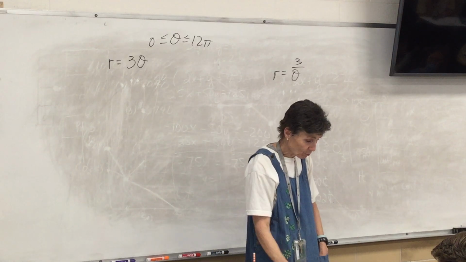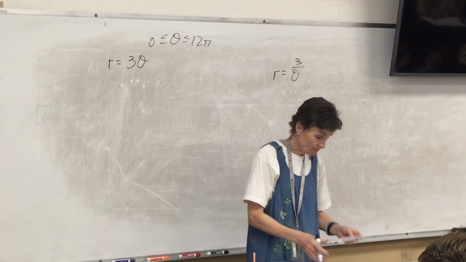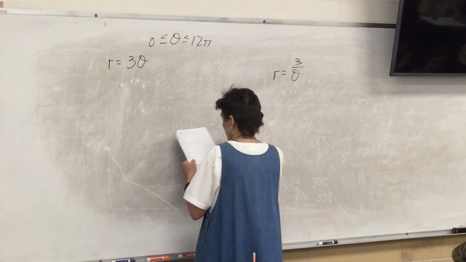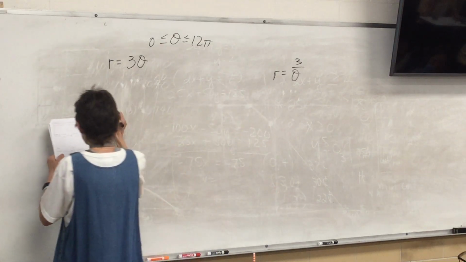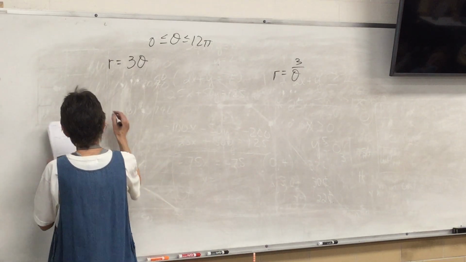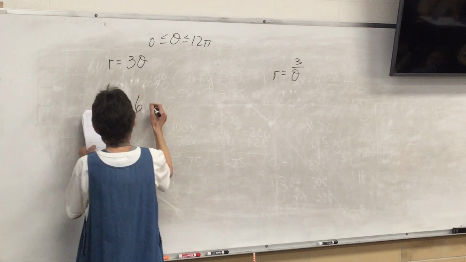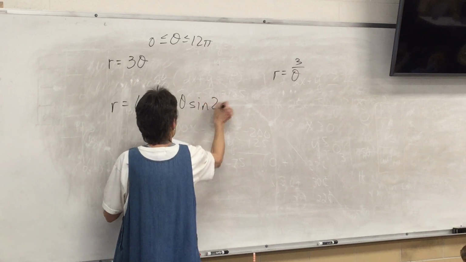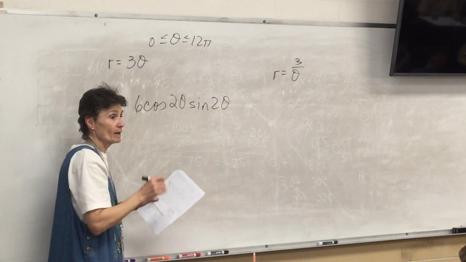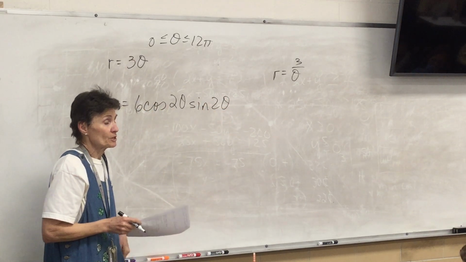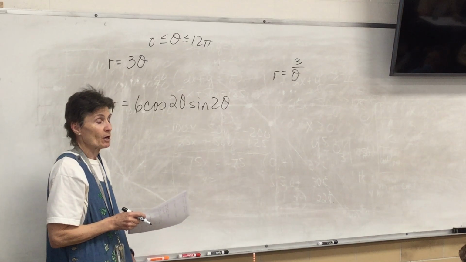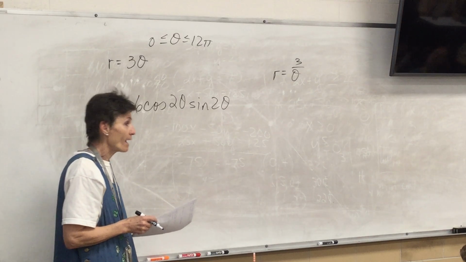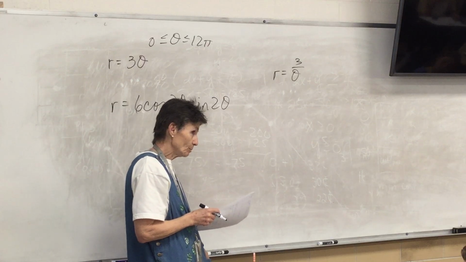Good deal. What are the other 3 classical curves? Quick review. The lemniscate. Yep, and what shape is the lemniscate? Figure 8. Yep. What else do we have? We have the limacon, which is like a lima bean. And we talked about it can have an interior loop in it.